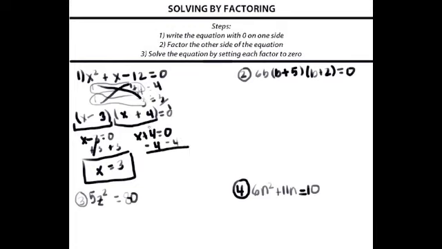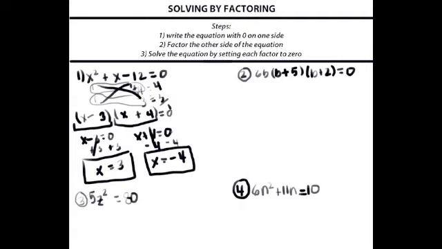Subtract 4 on both sides. x equals negative 4. And so that's it. Our two answers for this are positive 3 and negative 4. That would be our final answers for number 1.